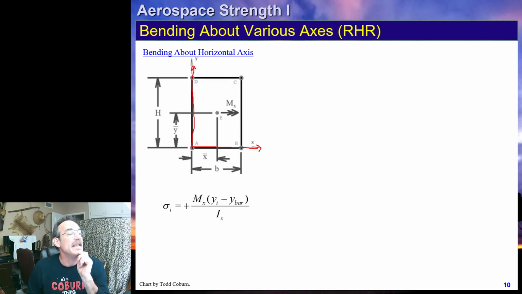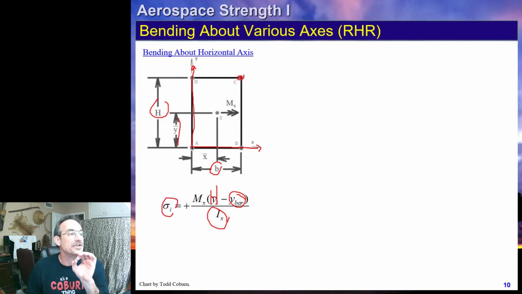So if we want the stress at point C, we would just put in the y position of C, which is actually big H, minus y bar of the section, which in this case would be h over 2, divided by the I of the section about the centroidal x-axis, which is 1/12 bh cubed. And that will give us the stress at that point.